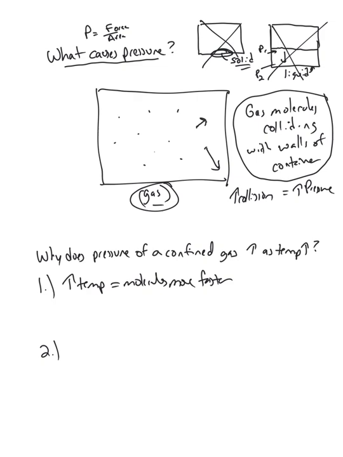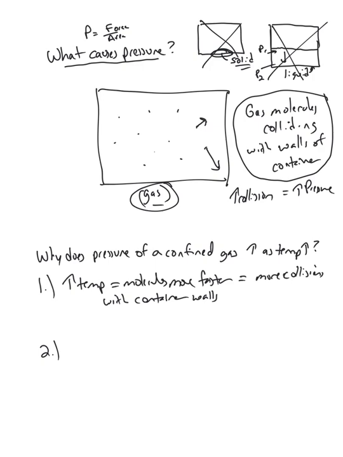Because they're moving faster, that's going to cause there to be more collisions with the walls of the container. If there's more collisions per second with the container walls, there's going to be more pressure exerted.